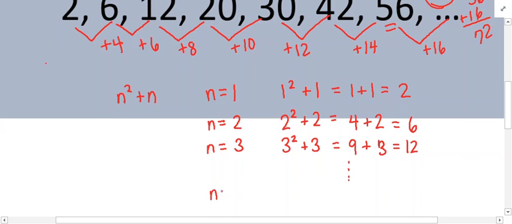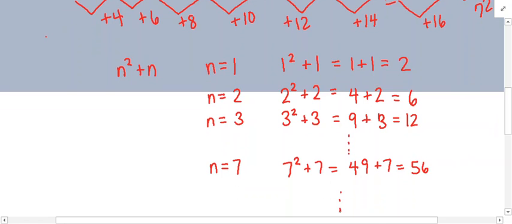So I would plug in n equals 7, because that's the seventh term. 7 squared plus 7 is 49 plus 7, which gives you 56. And we could keep doing this.